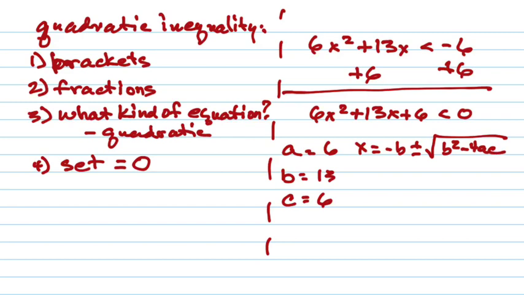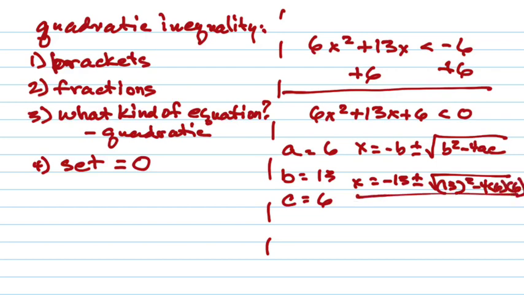That's given in your formula page, right? Yes, good. Okay, so x is equal to the opposite of 13 plus or minus the square root of 13 squared minus 4 times my 6 times my other 6, all over 2 times a, which is 6.